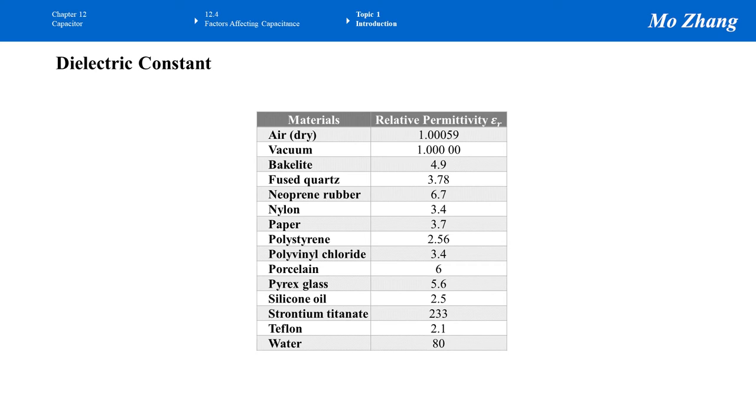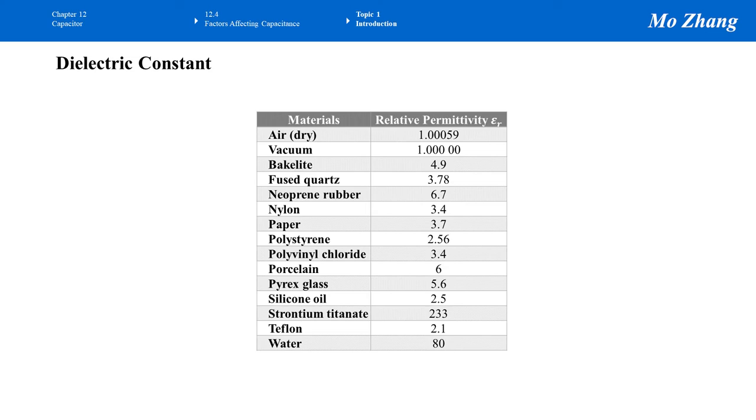For example, nylon has a relative permittivity, epsilon r, equal to 3.4, which means nylon is 3.4 times better than vacuum. Porcelain has a number 6, which means it's 6 times better than vacuum.